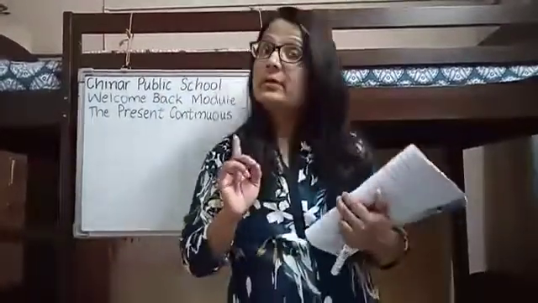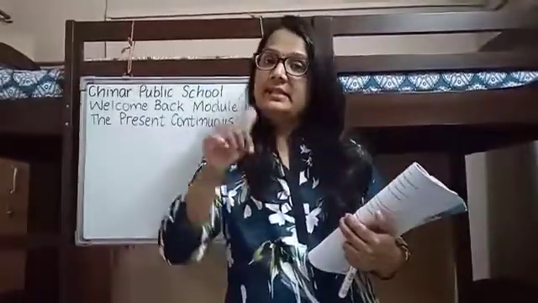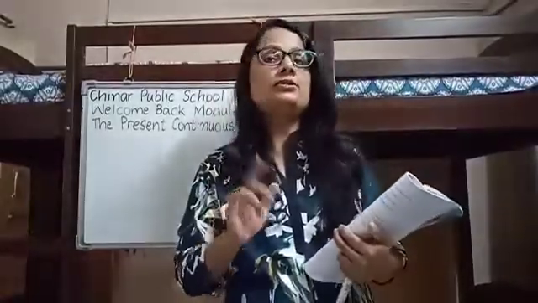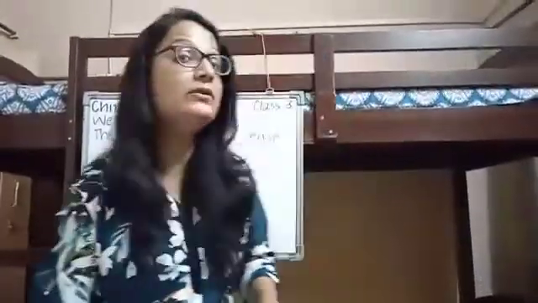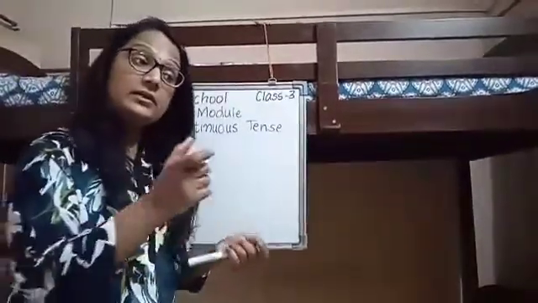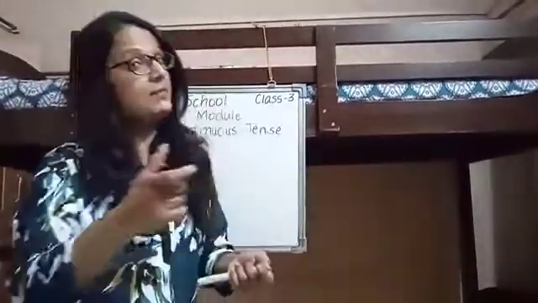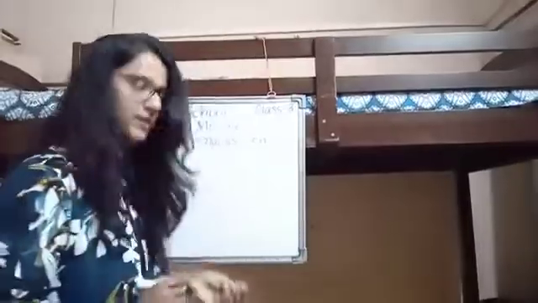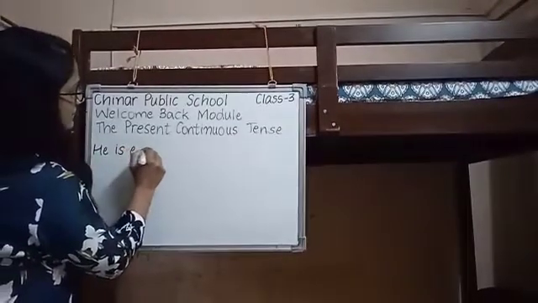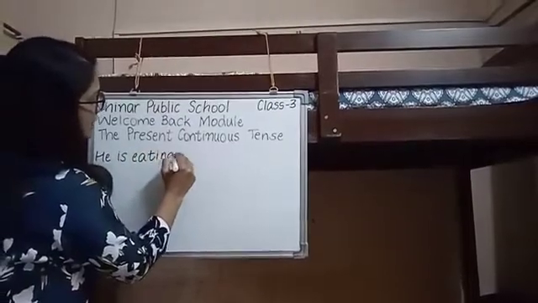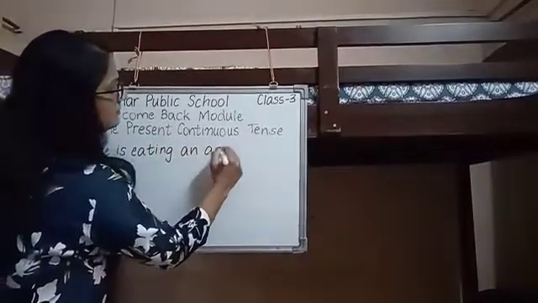So remember that present continuous tense can represent both the present time and the future time. Let us find out how to identify whether a particular sentence is in present time or future time.